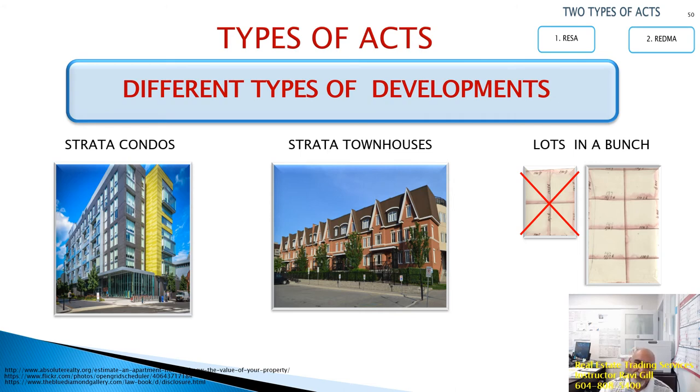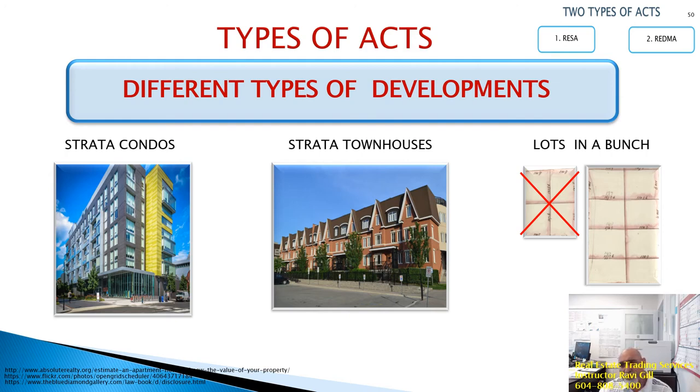That's where a developer wants to take the land and build a building like this, and each unit has a separate PID number and separate strata. Here you have townhouses. Again, very similar. A developer will buy some land and make townhouses.